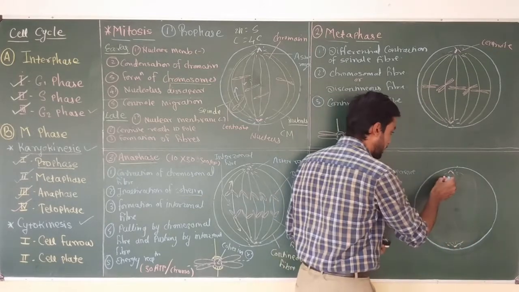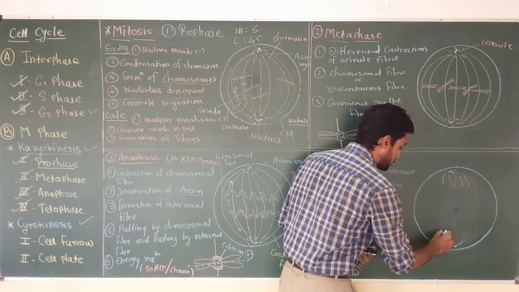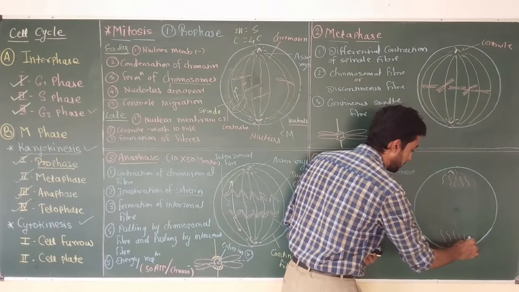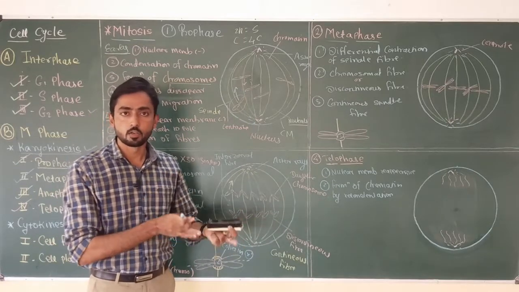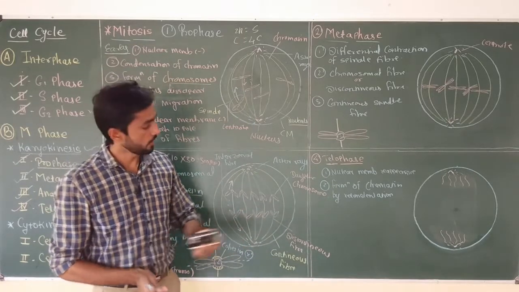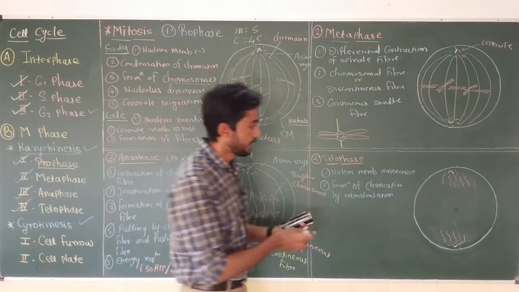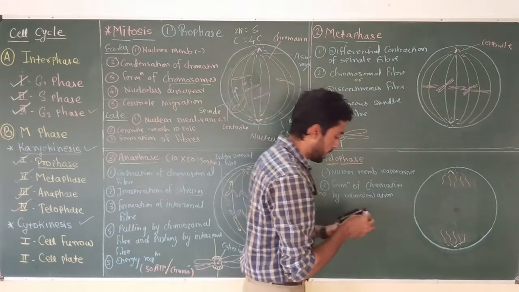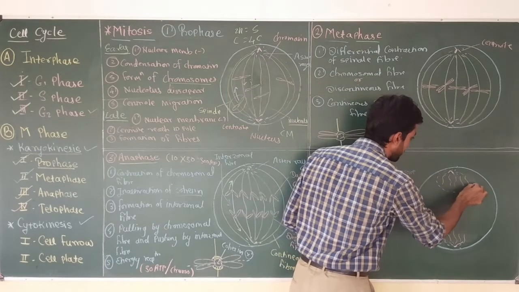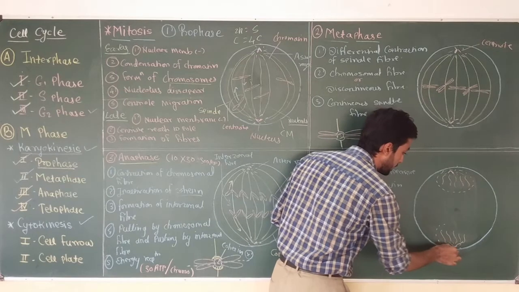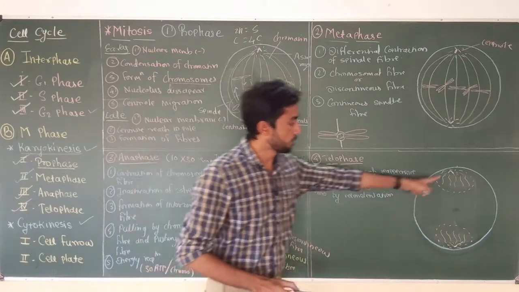Instead of chromosomes, you can now see 5 thread-like structures, which are chromatin, at both the poles. When we compare the structure of chromosome, it is thick and short, with chromatin which is thin and long. You can clearly find the difference, and this happens due to the recondensation process. At the same time, the nuclear membrane starts reappearing around each set of chromosomes or chromatids at both the poles.